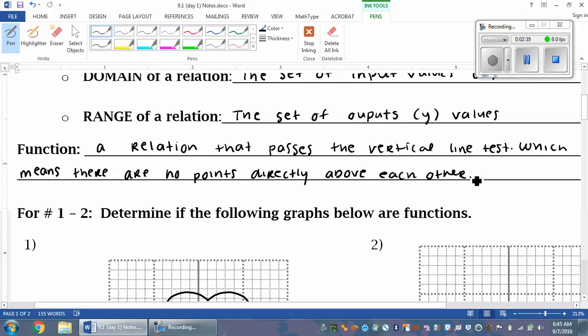So basically, if a relation is a function, it passes this vertical line test. In order to pass the vertical line test, you cannot have any points directly above one another.